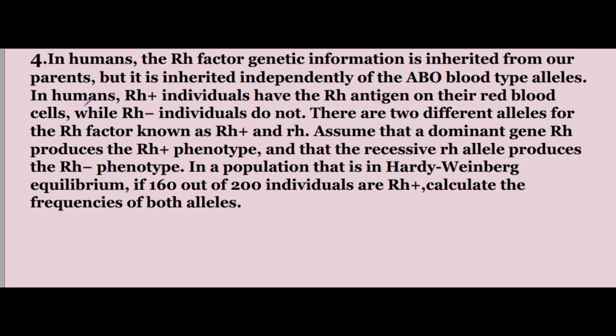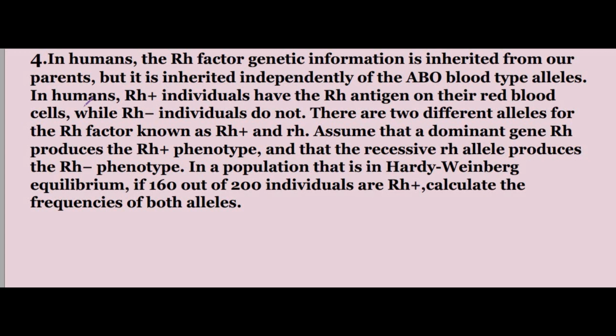So in this question it is said, in humans the Rh factor genetic information is inherited from our parents, but it is inherited independently of the ABO blood type alleles. In humans, Rh positive individuals have the Rh antigen on their red blood cells, while Rh negative individuals do not. There are two different alleles for the Rh factor known as capital Rh positive and small r.